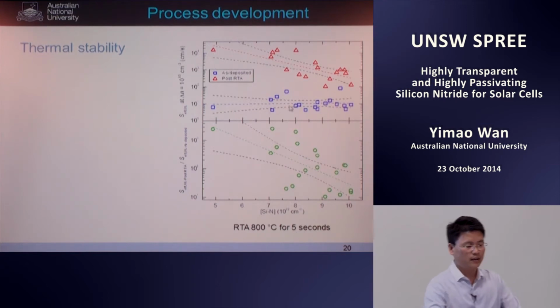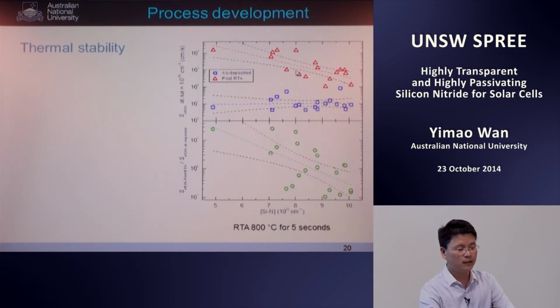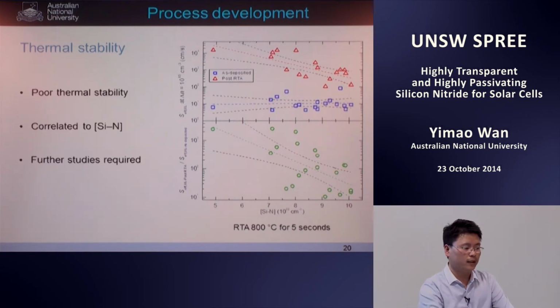As we can see, all the films actually degrade a lot after firing, which means the optimum silicon nitride developed in this work has very poor thermal stability, and it is quite correlated to the silicon-nitrogen bond density, which means the higher bond density has less degradation, or higher thermal stability.